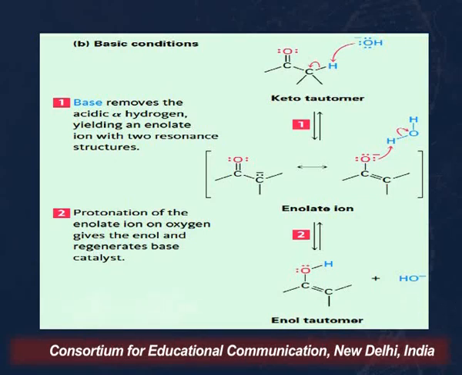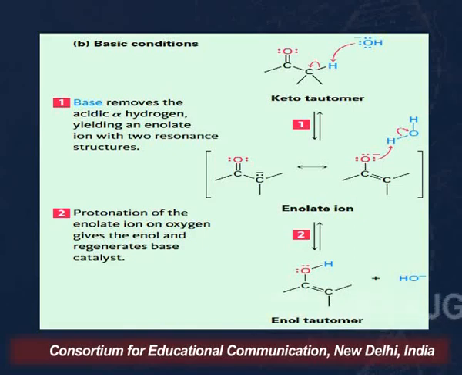Now in the second step, this oxygen picks up a proton from the solvent and is converted into the enol tautomer, and the base is regenerated. So this is how tautomerization can take place in acidic and basic conditions.